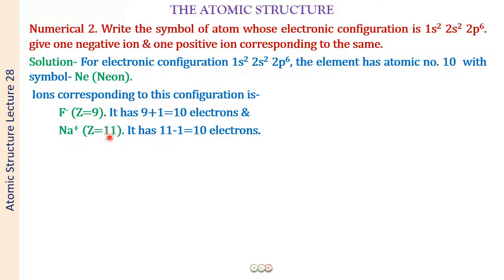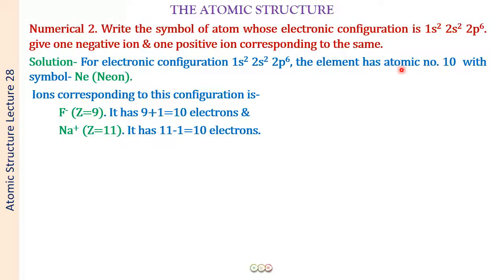So positive ion means it has to lose one electron. So losing one electron is going to be from the neutral atom which has atomic number 11, and that is sodium. So sodium on losing one electron will have 10 electrons, and hence the ion we have is sodium positive, Na plus.